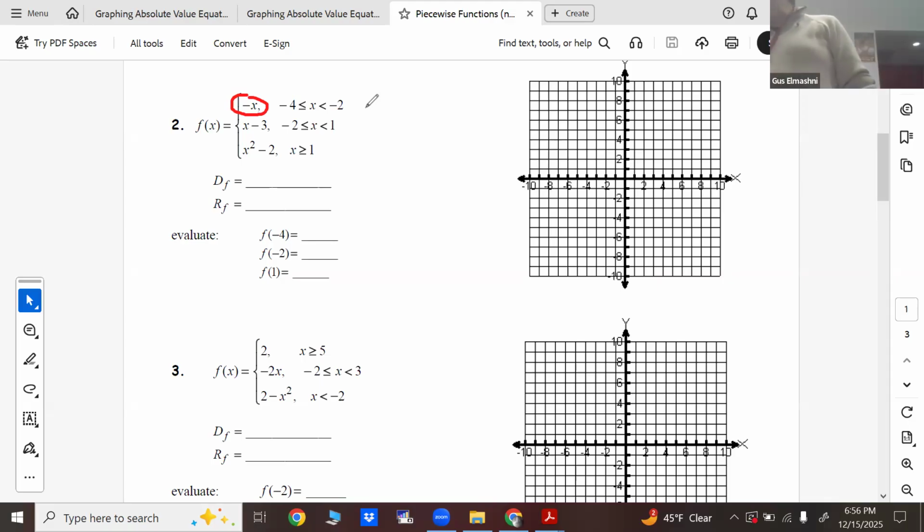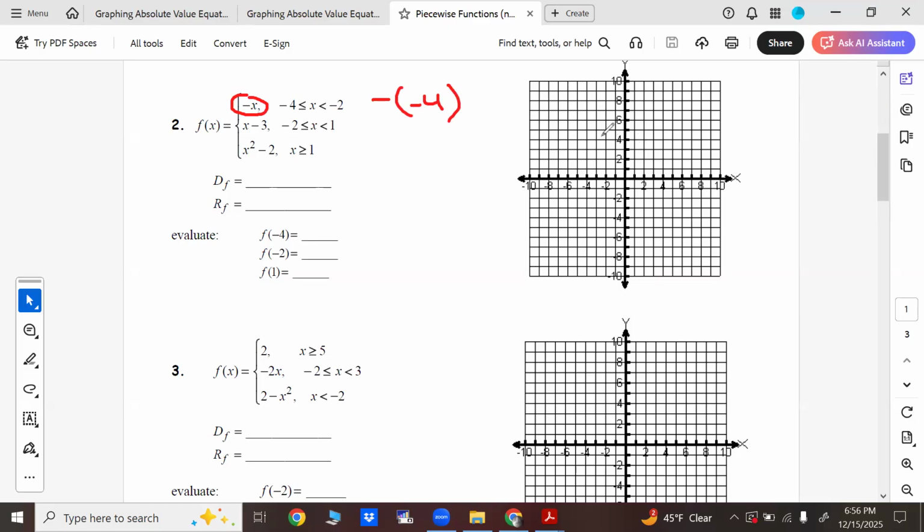So when you have y equals negative x, you just plug in numbers. Plug in negative 4. What's negative 4? When you graph y equals negative x, just plug in the numbers you see. Like let's plug in negative 4. What's negative 4? Positive 4. Good.